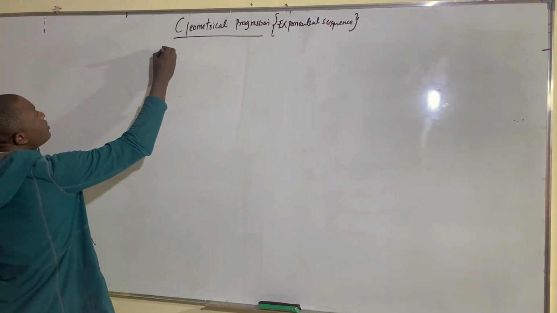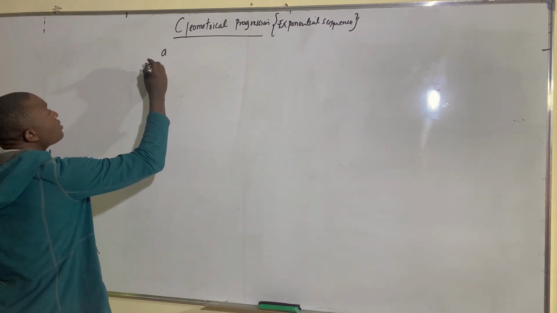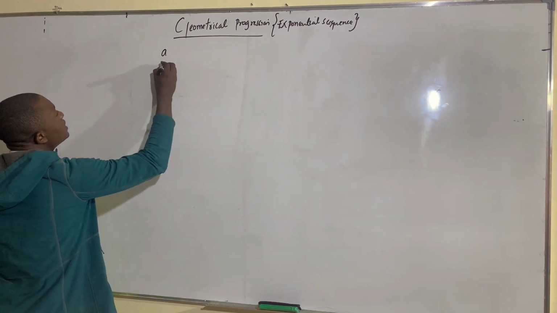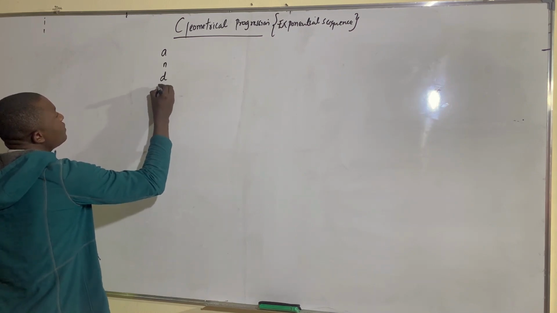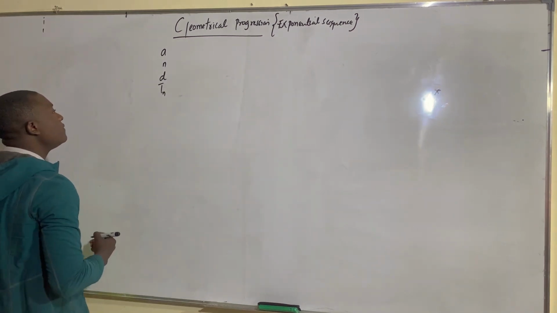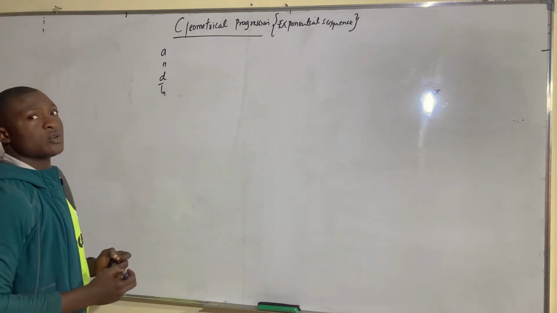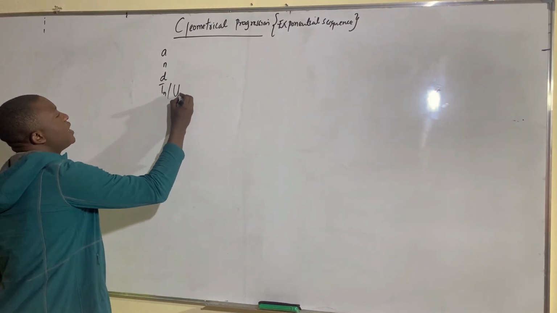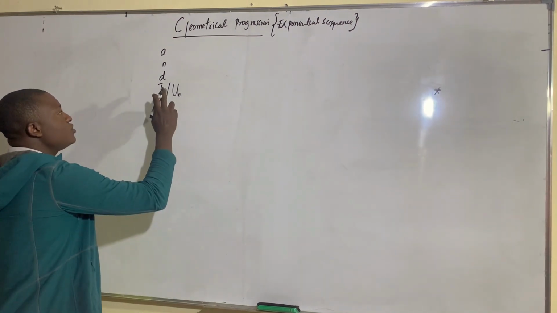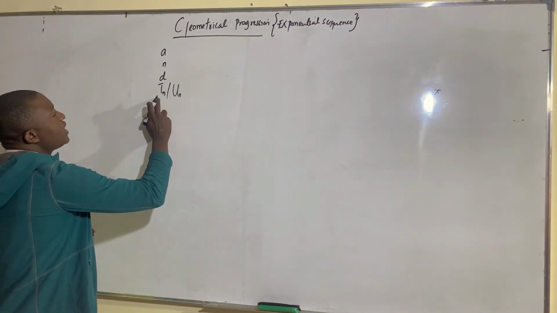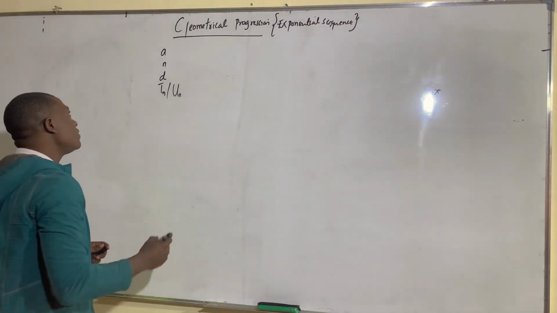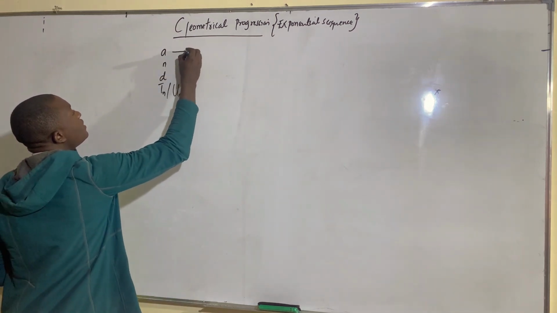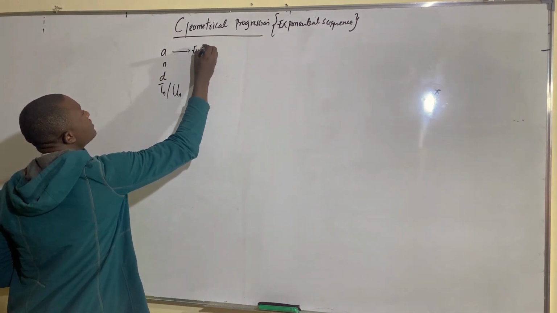Under AP, we talk about how to use A. We talk about the meaning of A, the meaning of N, the meaning of D, as well as the meaning of T. And I told you that in some materials, on some textbooks, instead of using TN, they use UN. Either they use UN or TN, the tools are the same. A simply means the first term.